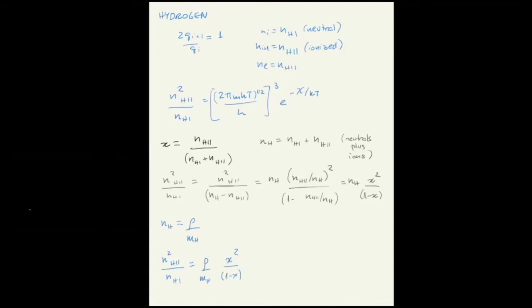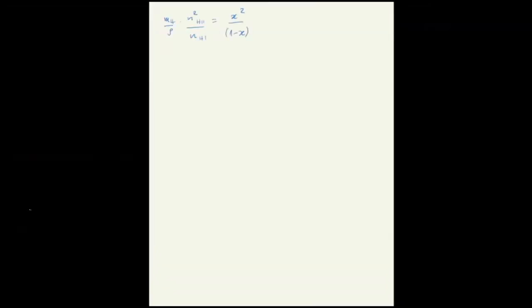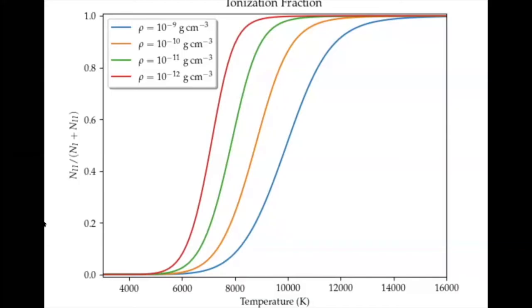If you multiply and divide both sides by m_H over rho, and call what is on the left-hand side alpha, this equation simply becomes x squared plus alpha x minus alpha is equal to 0. So we can solve this quadratic. The solution is simply x equals the square root of alpha squared plus 4 alpha, minus alpha, over 2, the quadratic formula, where we discarded the unphysical negative root.